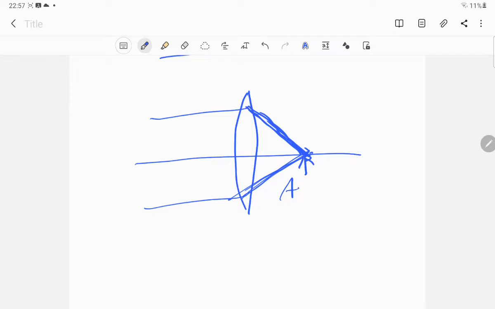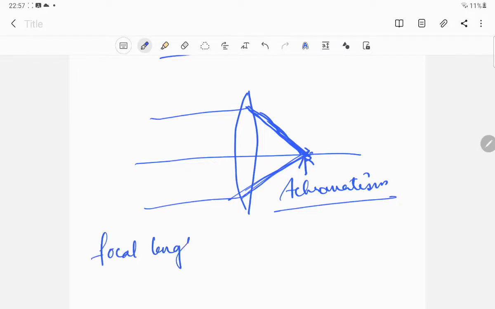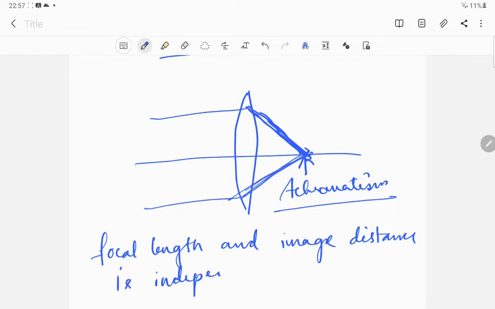So that is called achromatism. Achromatism says that the focal length and the image distance don't change with respect to lambda. That means the image distance is independent of the wavelength.